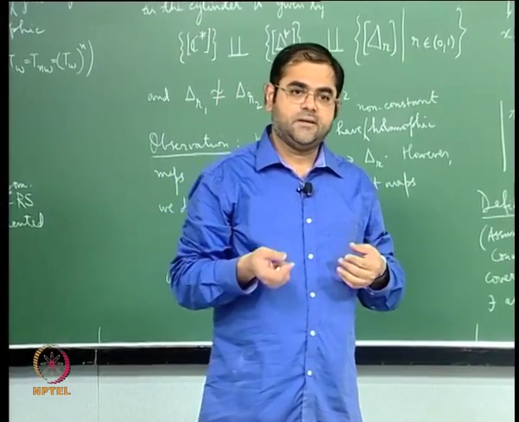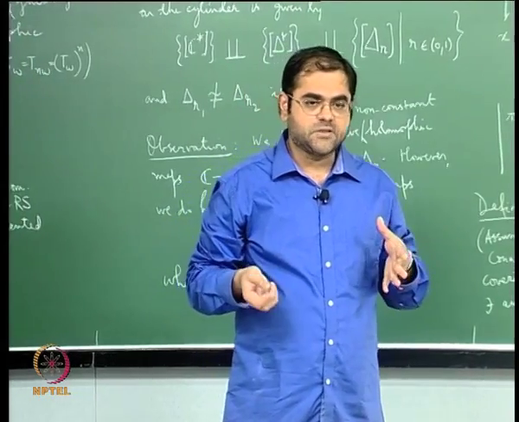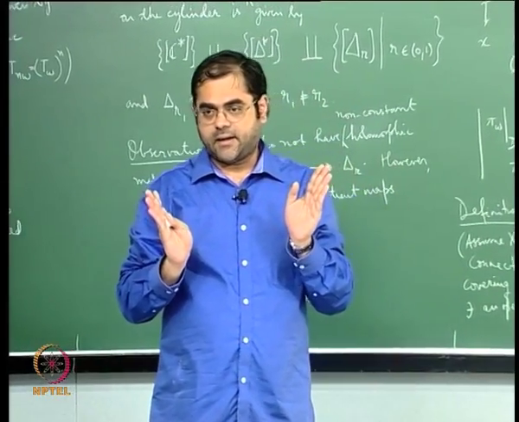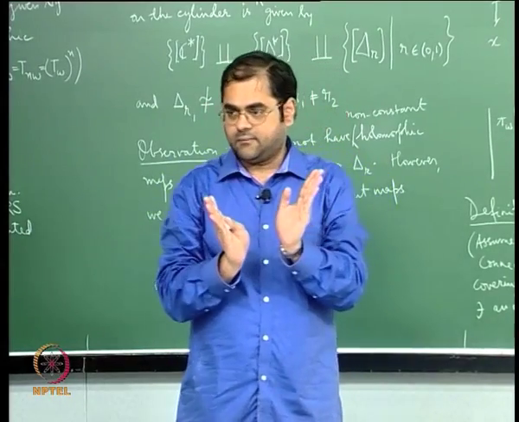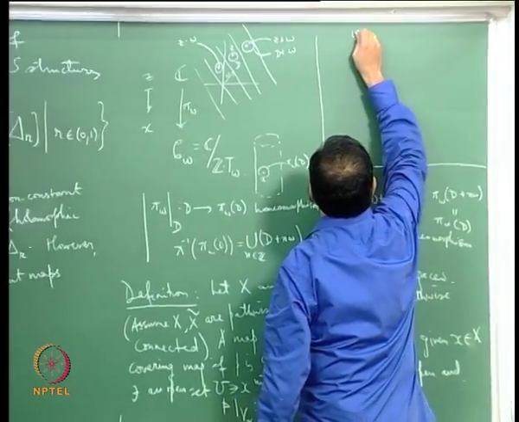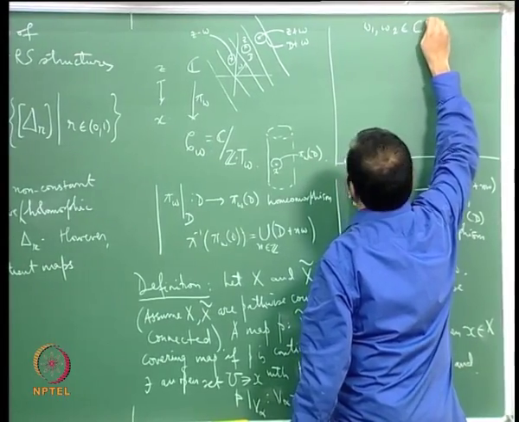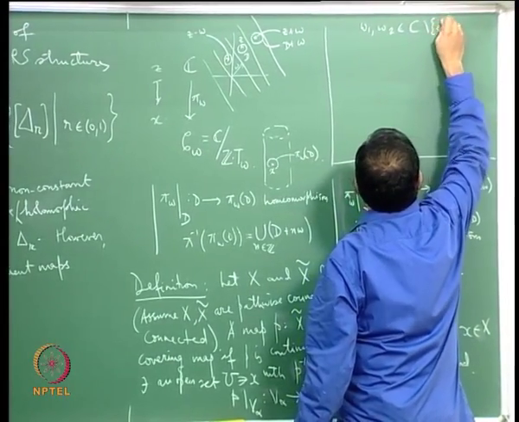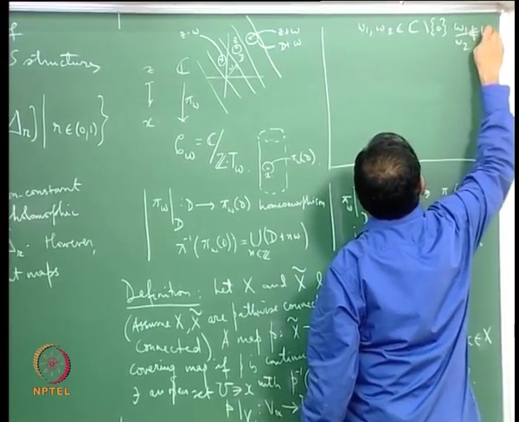Of course, we made the condition that the ratio of these two complex numbers is not real, because we wanted them as vectors to be linearly independent on the plane. Okay, so look at that situation. So we have, let me call them omega 1, omega 2 in C, non-zero, with omega 1 by omega 2 not a real number.